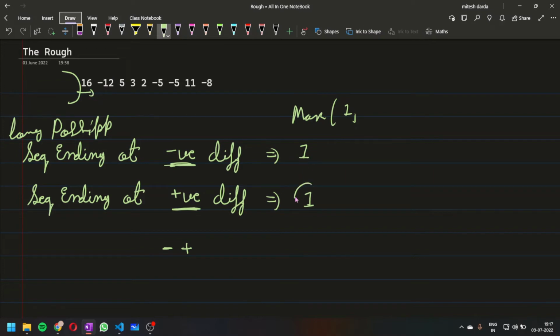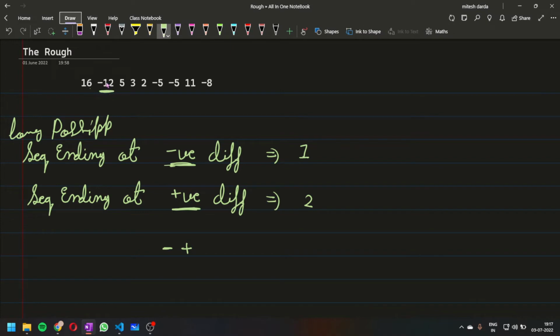This is the previous maximum length of a subsequence, which is 1 here, and we'll do 1 plus 1. This one is saying that there is already a subsequence ending at a negative value, and this one is saying that we have found a new value which is positive. So this would be our answer for a subsequence ending at a positive difference, because this is positive.